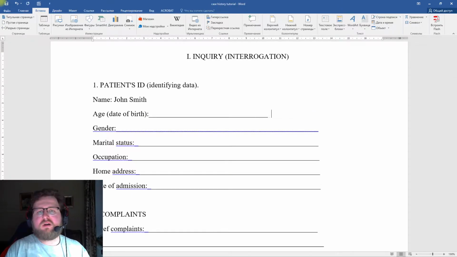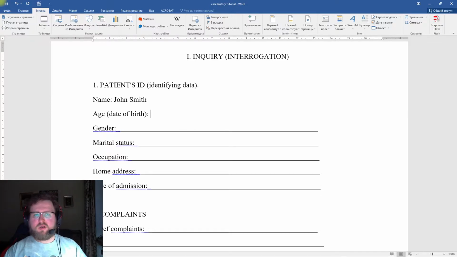Although we are not learning child surgery, we are talking about some adult person, let it be really adult, but not very senior age for appendicitis. Let it be 39 years. Next, gender.